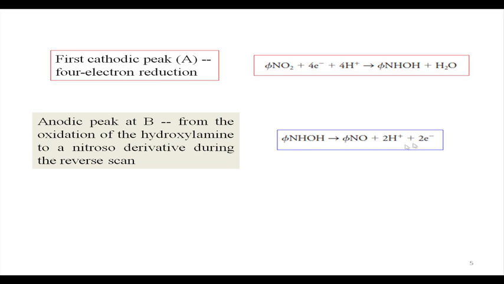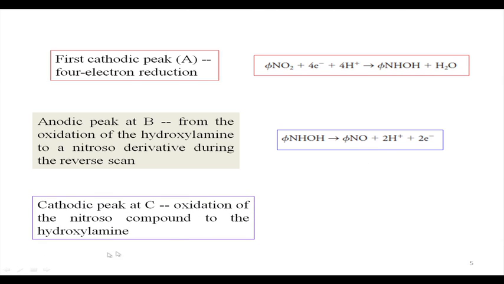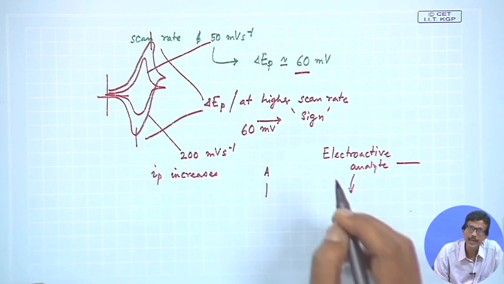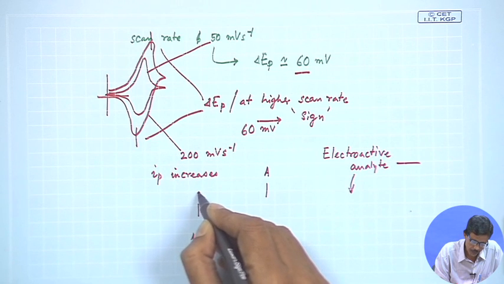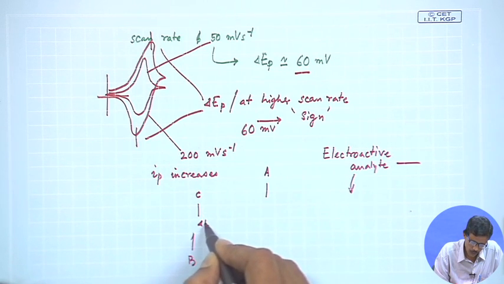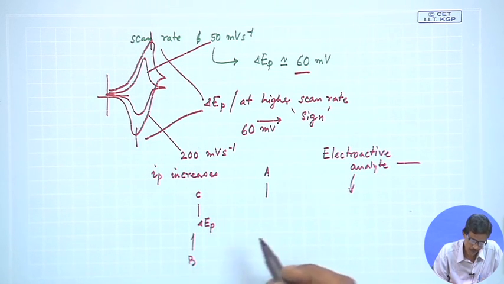So this is for your 2 electron oxidation, and finally the cathodic peak C. This NO is in your hand and can now be reduced, the nitroso compound to the hydroxylamine compound. So somewhere you have A here, then you have the B peak and then the C peak, and these two are basically close to reversible.